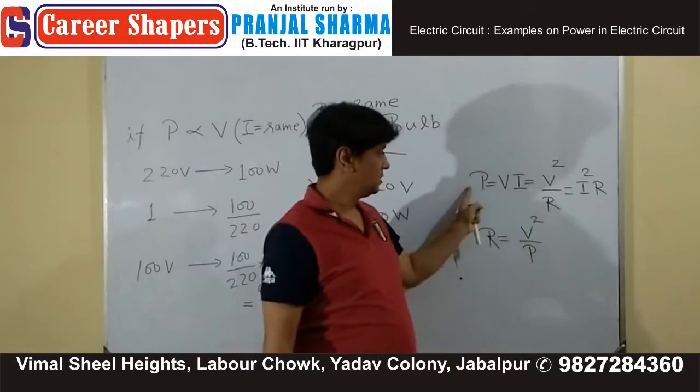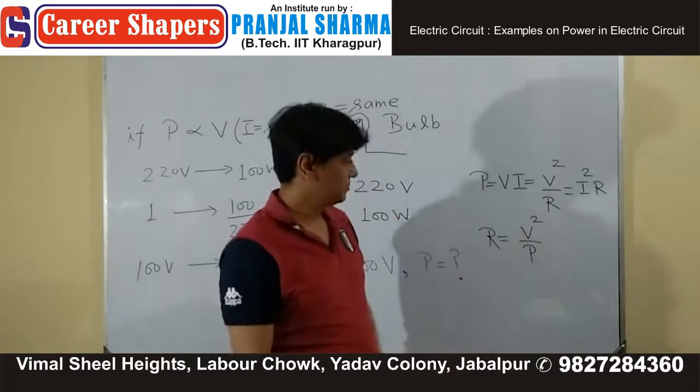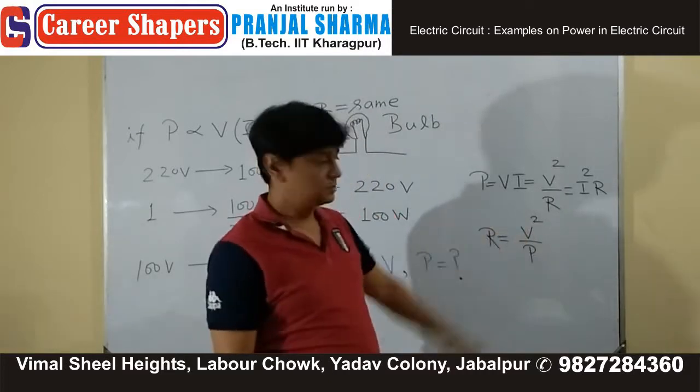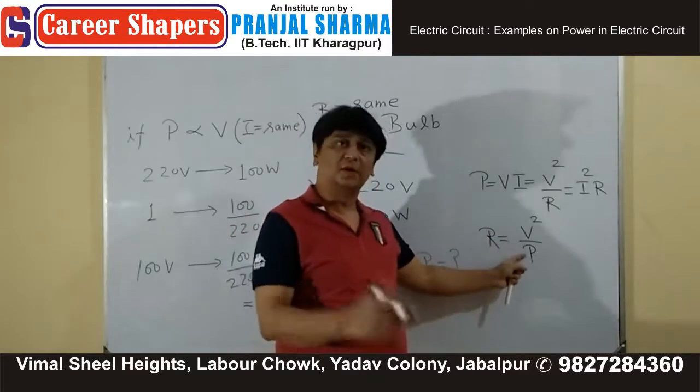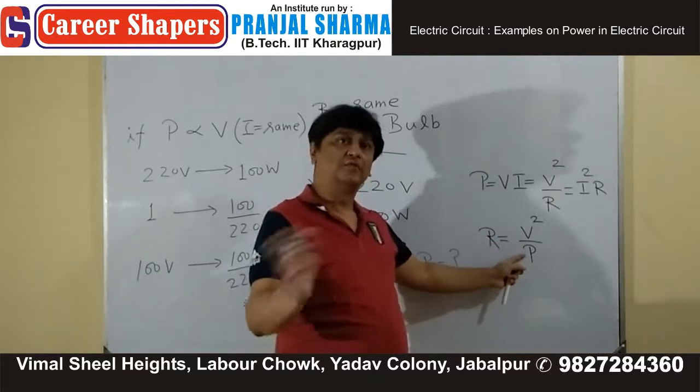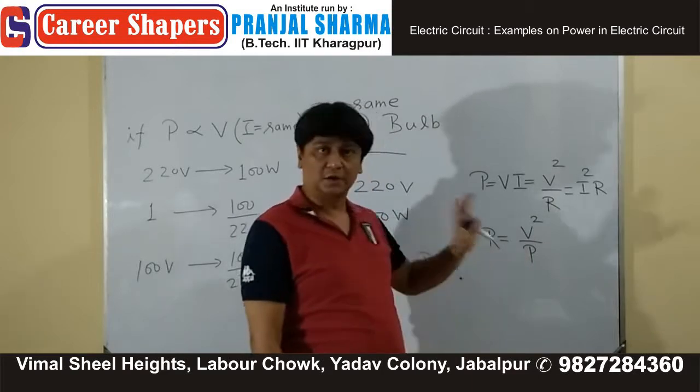What is R? V square upon P. If I use this, then I've been given voltage and power initially and finally. But for both situations, your R does not change.